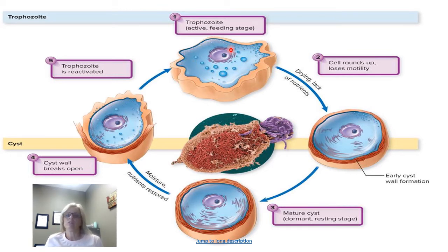When environmental conditions are not favorable, like it's too dry or we lack nutrients, then the cell is going to round up, lose motility, and become a cyst. So this is early cyst formation, and then here it is fully developed into a cyst, and that's a dormant resting stage. With the return of a favorable environment, the cell wall of that cyst is going to break open, and the trophozoite is going to become active again.